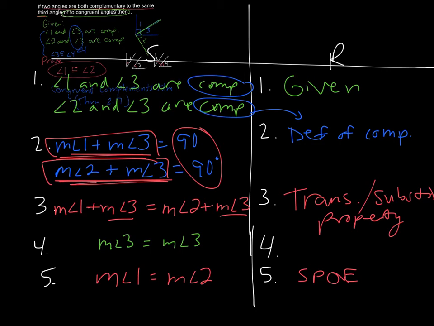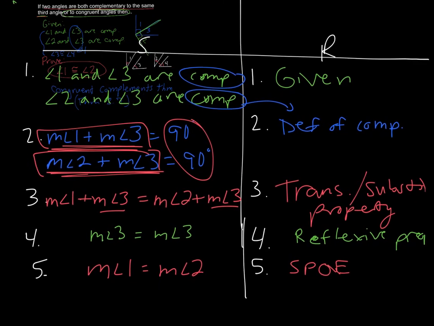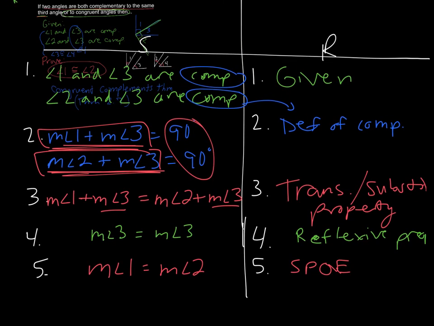But if I'm going to subtract it, I really want to make my reader aware that I'm subtracting equal things from both sides. And unlike numbers, we don't know what the measure of angle 3 is. If we're subtracting 5 from both sides, then we can agree 5 is equal to 5. So we're going to use our reflexive property, which is what you should be recognizing in that statement, just to specify that. Not a huge deal if you forget that one, but just something that I wanted you to see.